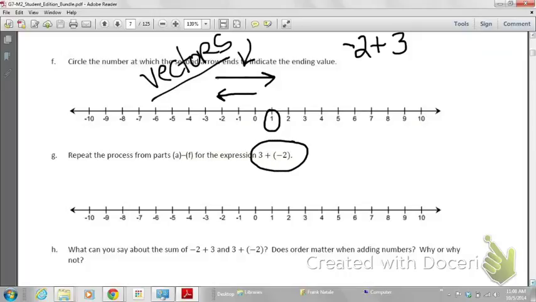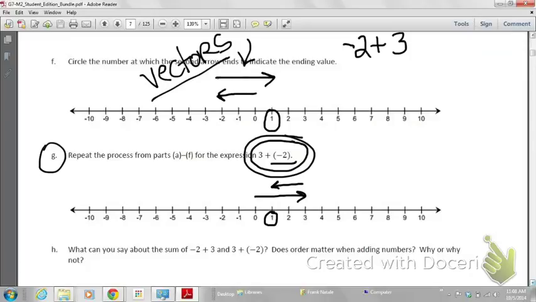This idea of actually adding a negative 2 instead of just subtracting 2 may take some time to understand. Go ahead and use vectors to complete this expression, and then come on back.